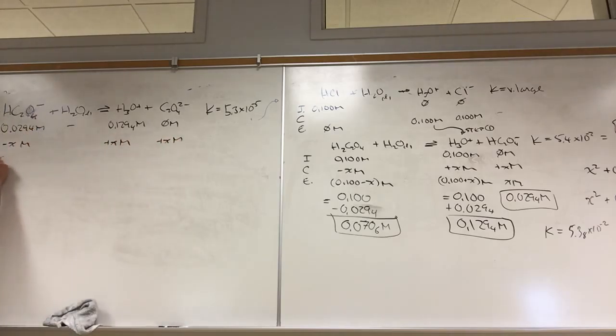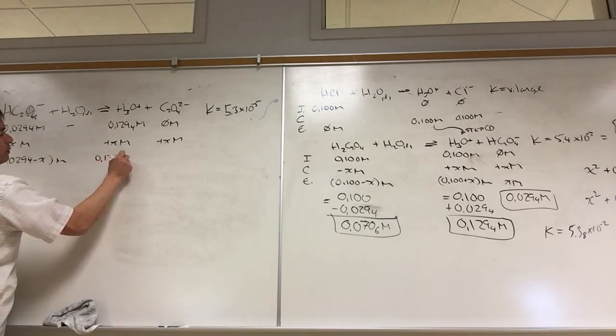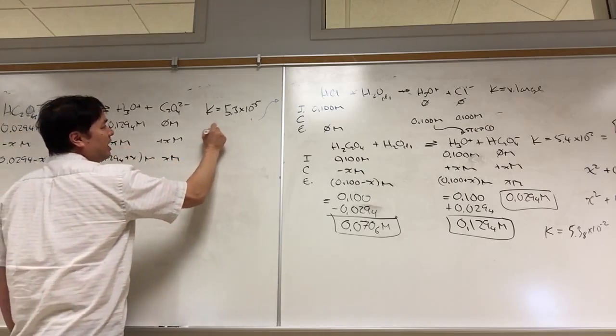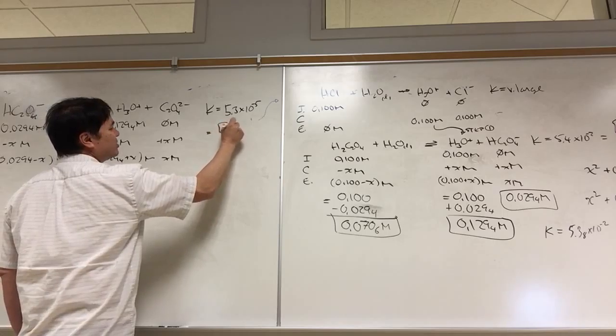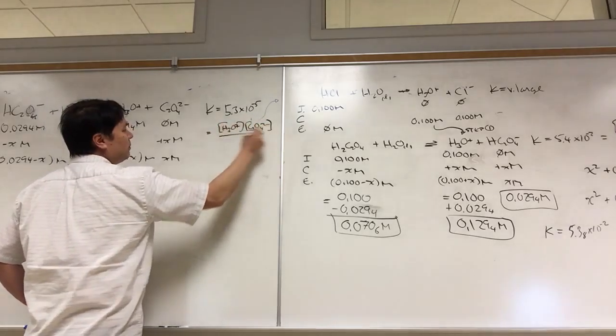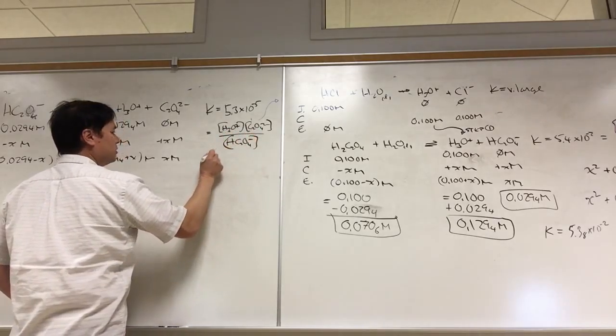And so at equilibrium, we're going to get 0.0294 minus X, 0.1294 plus X, and X molar. And so the K here is going to equal the hydronium ion concentration times the oxalate ion concentration divided by the hydrogen oxalate ion concentration.